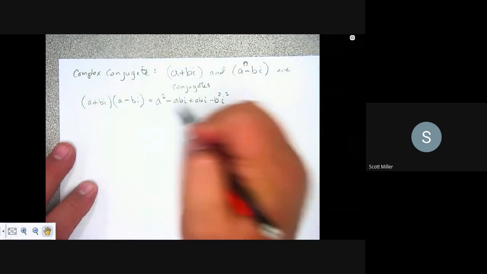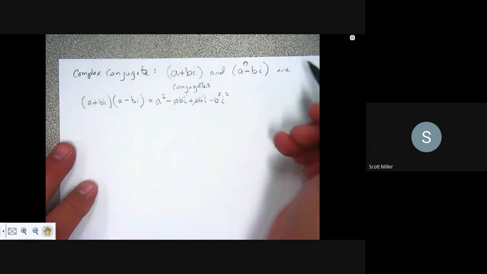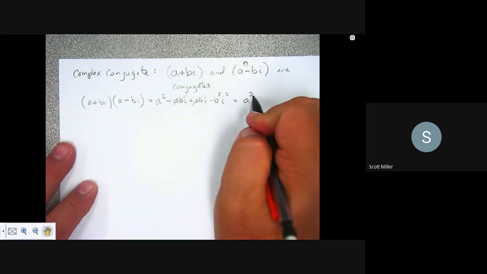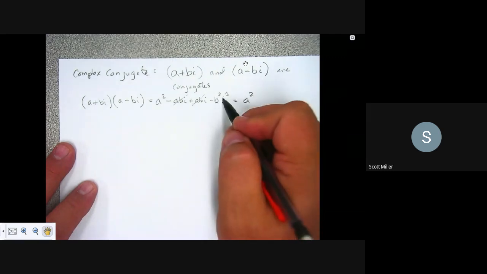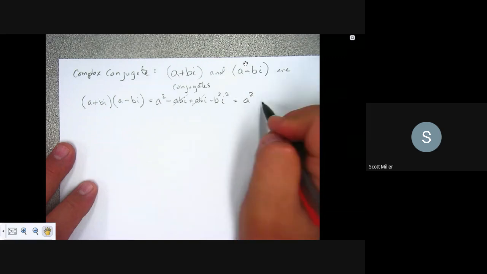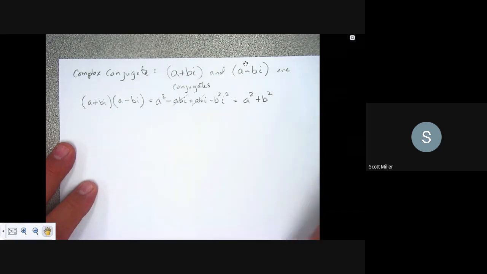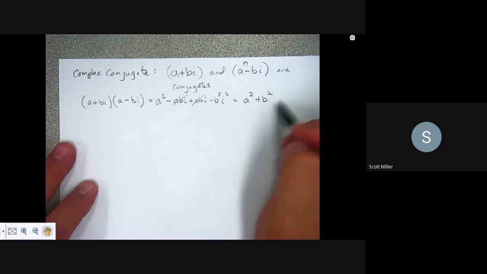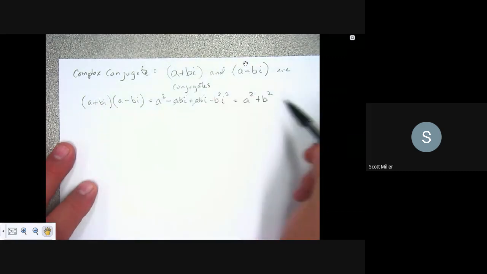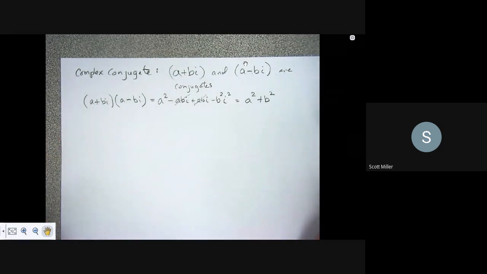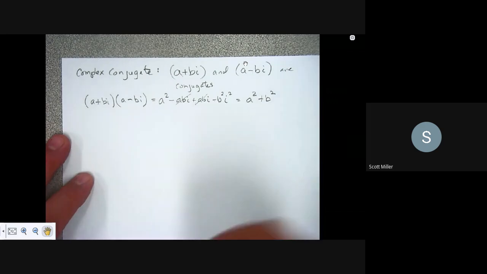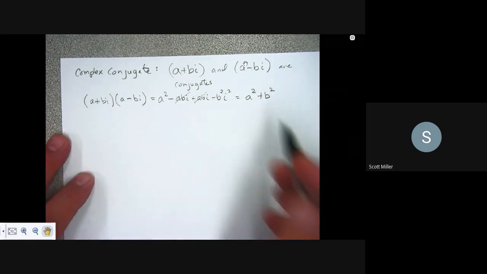They're going to drop out, aren't they? a squared minus b squared, but that's an i squared, so that's negative 1 also, correct? So that negative 1 turns that into a plus, and I get a squared plus b squared. Conjugates, when you multiply them together, will eliminate that i, which is really just a square root. They're actually used as irrational conjugates too. Anyway, so there you go.